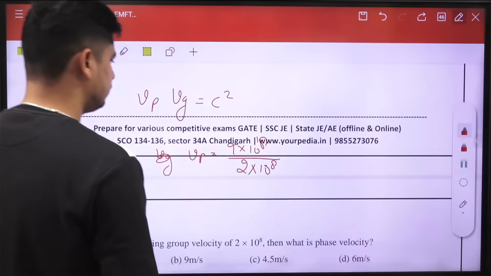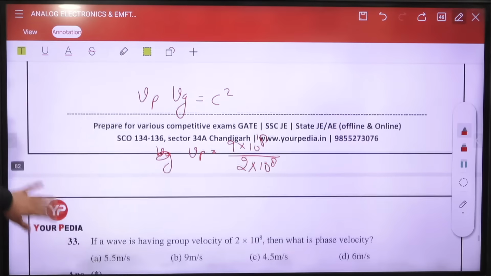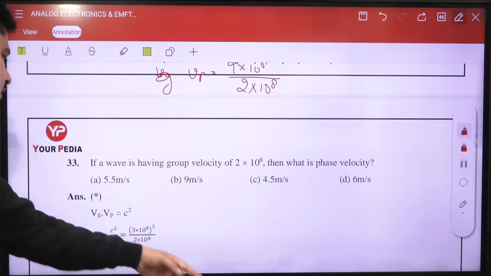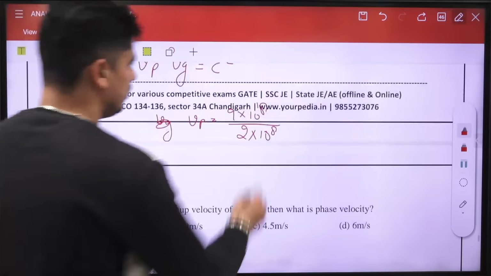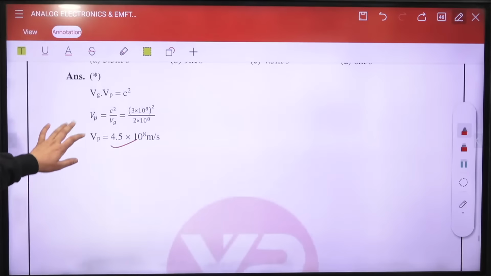So the phase velocity is how much? You can check it out from there. No answer is correct for that one. That is 4.8 into 10 raised to power 8. Sorry, not 18. This is 16. That is the correct answer.